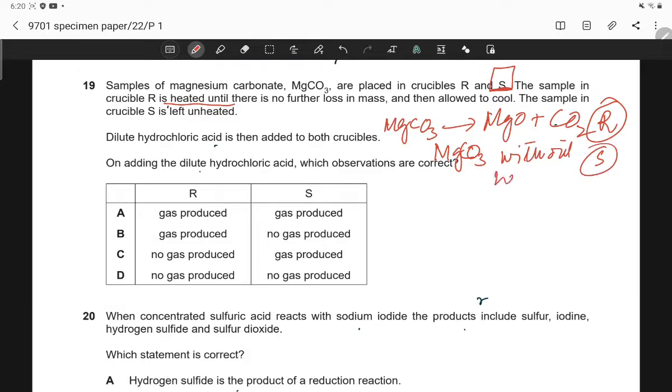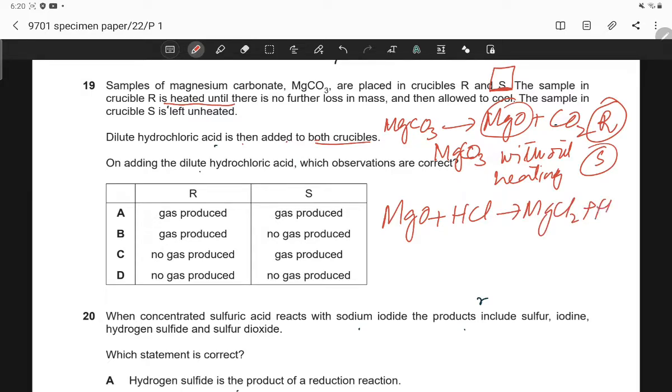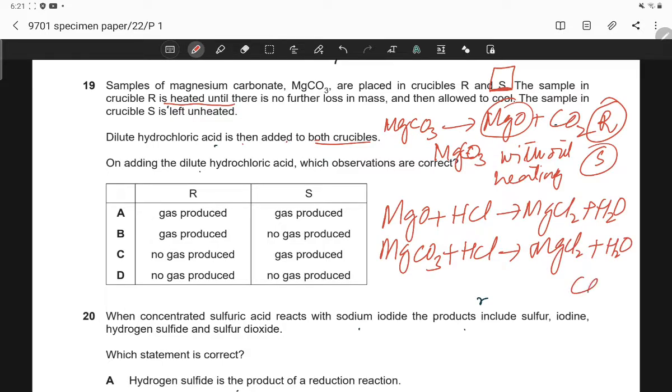Now dilute hydrochloric acid is added to both crucibles. Magnesium oxide in R, HCl is added, forms magnesium chloride plus water, and in S, magnesium carbonate plus HCl forms magnesium chloride plus water plus CO2, carbon dioxide.